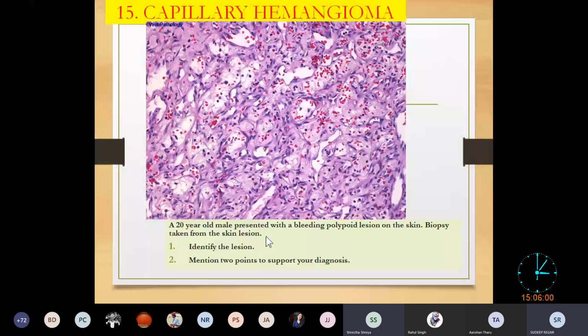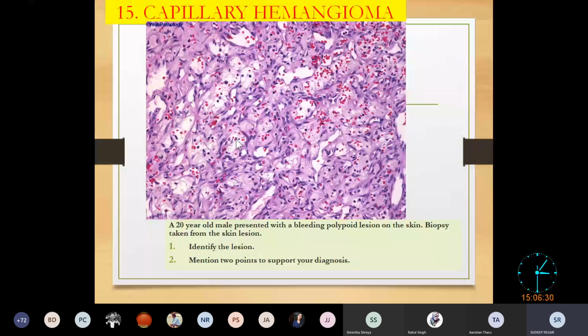So here you can see there is proliferation of capillary-sized small blood vessels. That's why the name is capillary hemangioma. Here you can see multiple small blood vessels. Although there is variation in size, the size is mostly small.